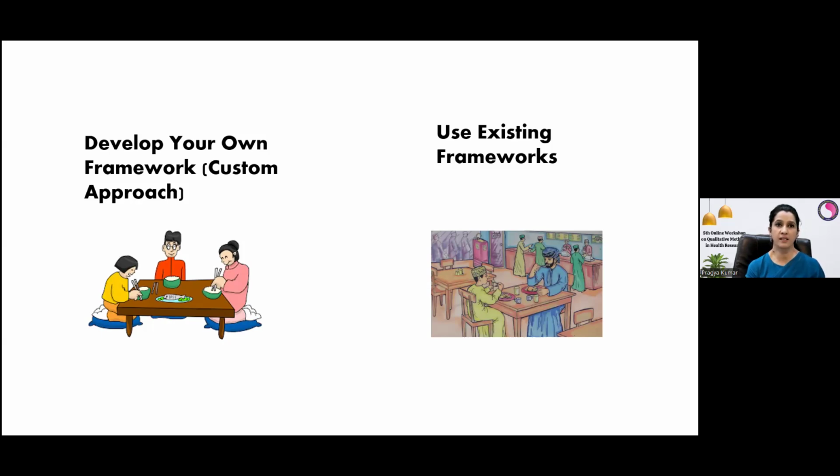So in this case, these are the two examples which we have just shown. This is something like if you have got grocery items and spices, so you can make your own food. Or if you don't want to make your own food, then you can order from a restaurant. So these are the two approaches which you can take in case of developing an interview guide in qualitative research.